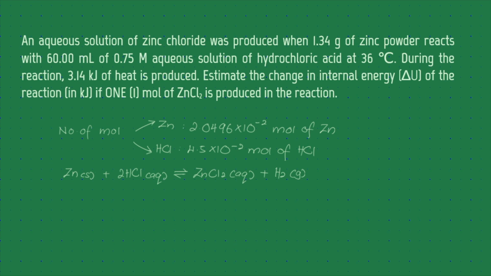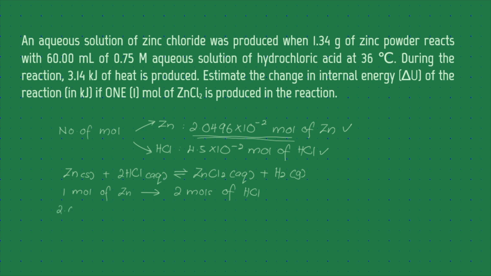Alright, so from the previous calculation, we have the number of mole for zinc and also hydrochloric acid. So from this information, we can determine which one of these is the limiting reagent. So basically, 1 mole of zinc shall need 2 moles of HCl. What we are going to do is use the value of the number of mole for zinc.